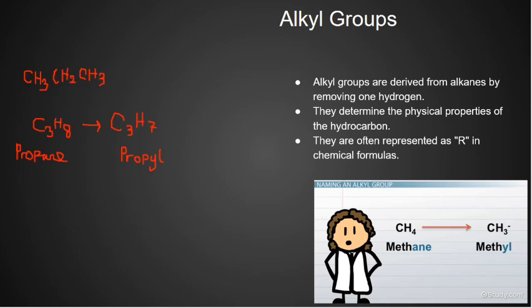So this C3H7 is an alkyl. Then if you are naming this, what do you think it's going to become? Remember, let's start from the alkane. This is propane.